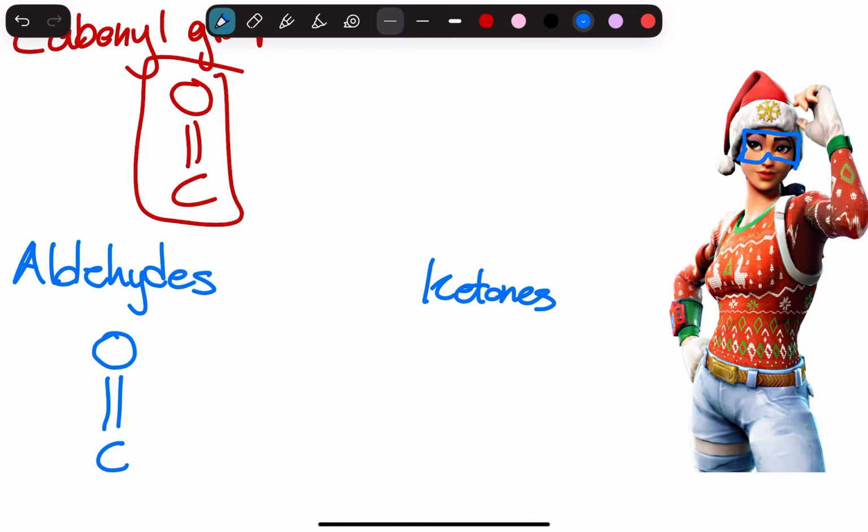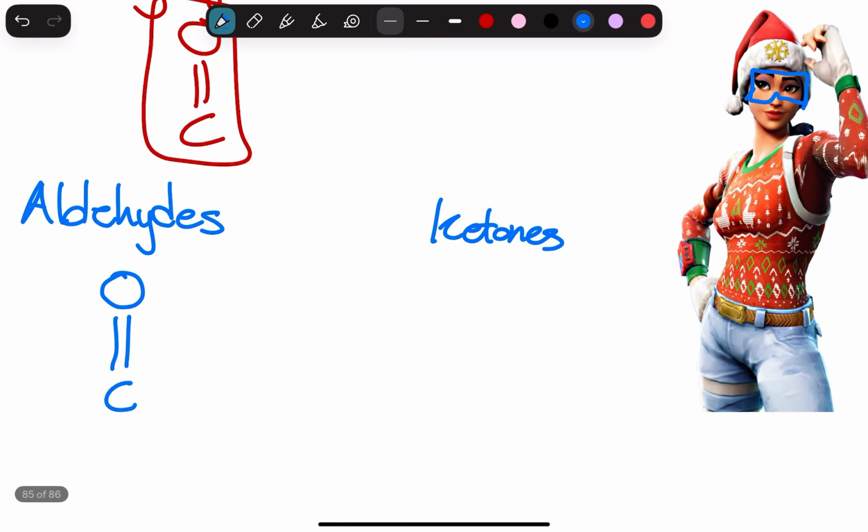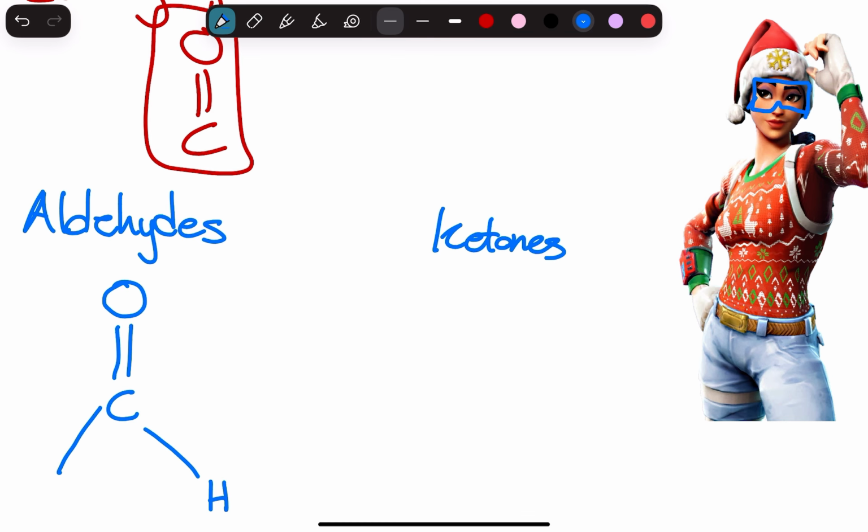So aldehydes are going to be when you have your oxygen atom double bonded to your carbon atom. Then you're gonna have at least one hydrogen atom at the end of the chain, and your other side is going to be your carbon.